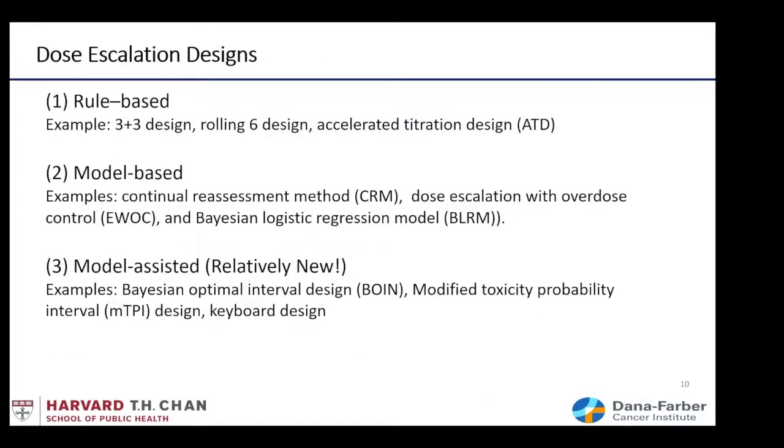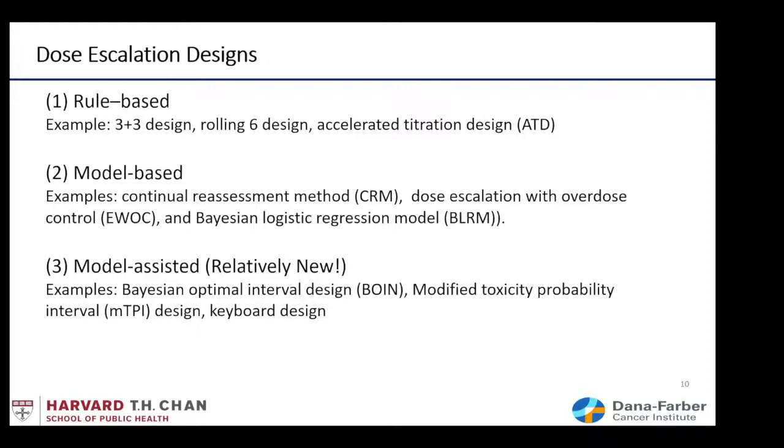Okay, so now we know the 3+3 design, its history and background. The next part of the training focuses on currently available dose escalation designs. I quite like this classification of escalation designs. We put all designs into 3 classes.